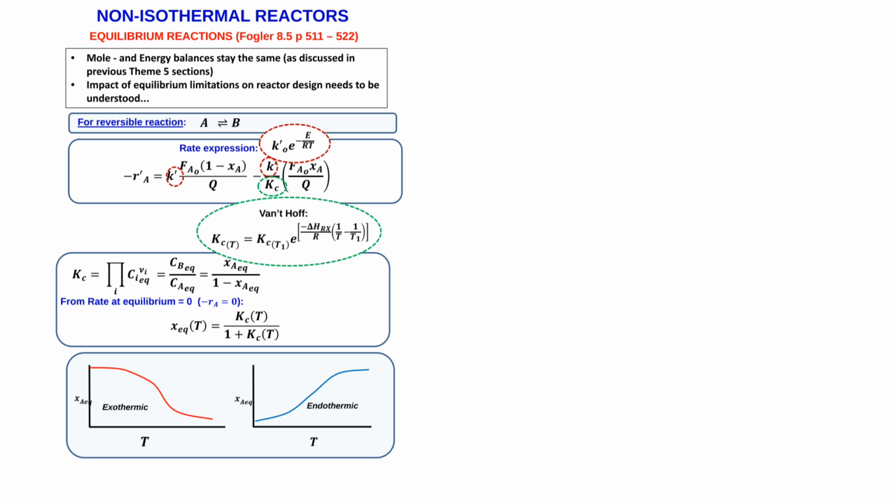If we now substitute our Kc temperature dependence and choose a range of temperature values, let's say from 298 to 1000 Kelvin, linearly spaced values, and calculate the Kc value for each of those temperatures, we can calculate our equilibrium conversion. The result will look somewhat like these qualitative drawings that I have made.